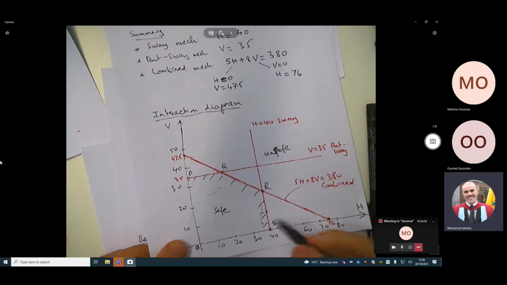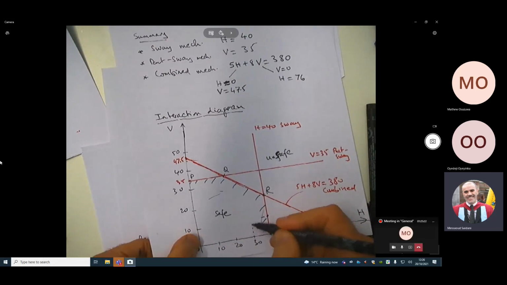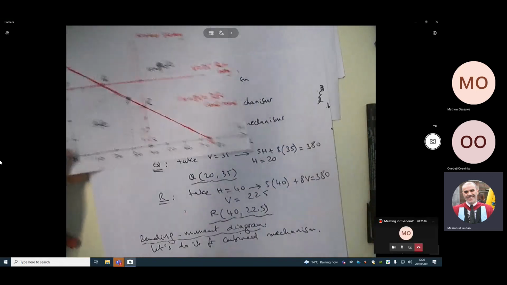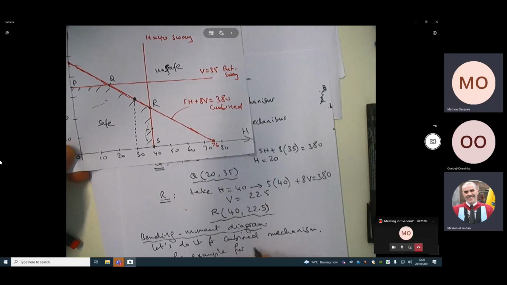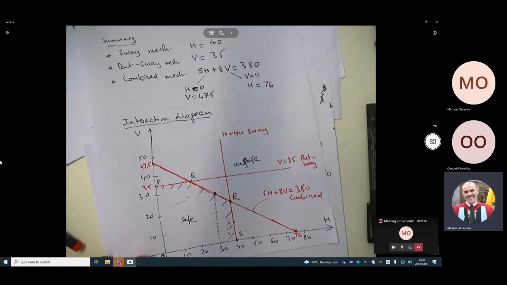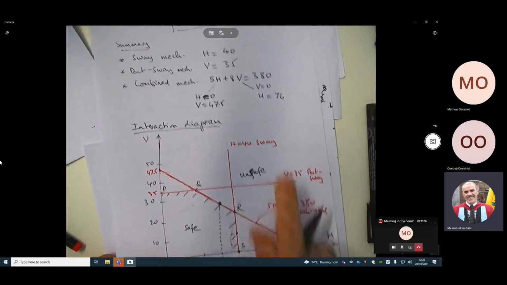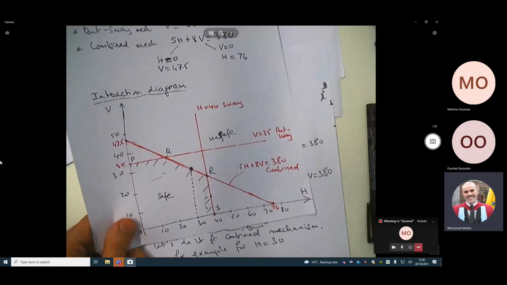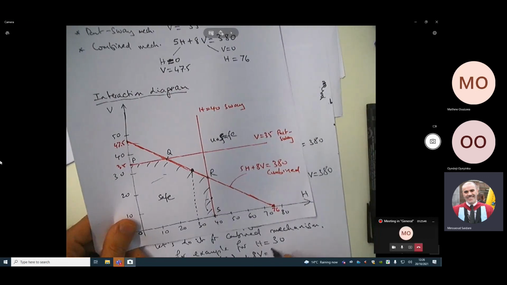Okay. So let's say, for example, let's take H equals 30. So I take this point. See that? Yeah. So for H equals 30, what would be V to give me a collapse mechanism? Substitute. Yes? So we have 5H plus 8V equals 380.